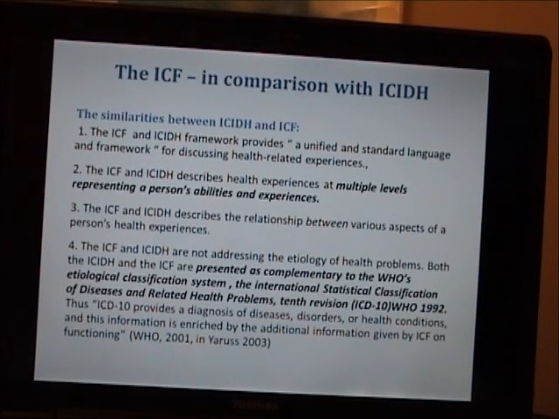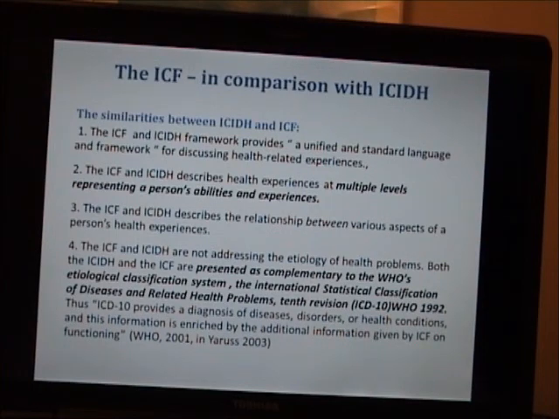The similarities between ICIDH and ICF. First, the ICF and ICIDH frameworks provide a unified and standard language and framework for discussing health-related experiences.